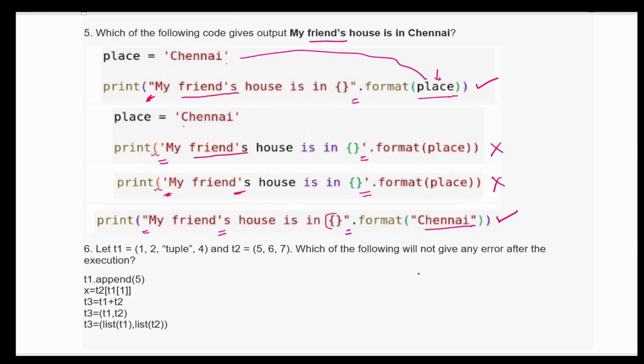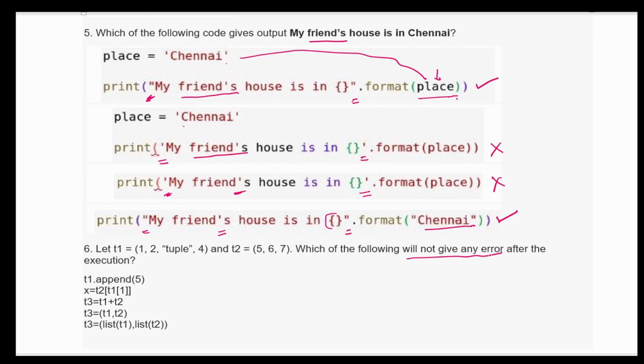So this is also correct. So the first option and fourth options are correct. Now let us go to the next one. Let T1 is equal to 1, 2, a tuple, that is a string, 4, and T2 is equal to 5, 6, 7. Which of the following will not give any error?